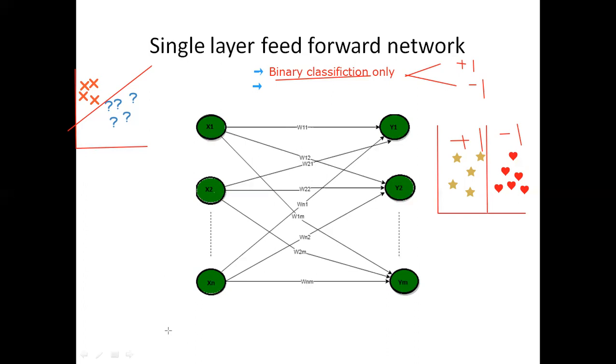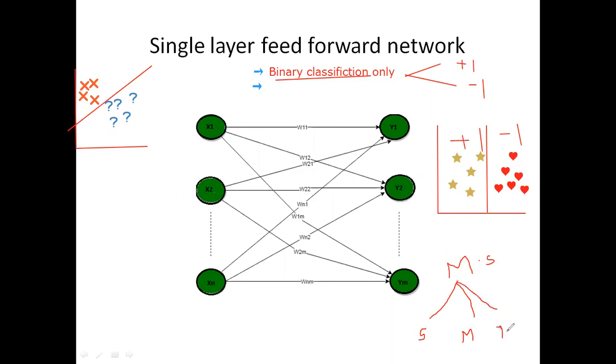But many data sets in the real world, under some attributes, would give more than two class labels. For example, if you take marital status, it may have married, single, or divorced.